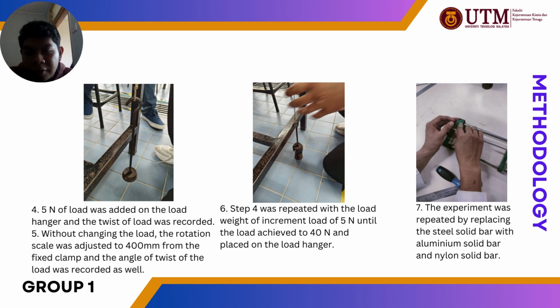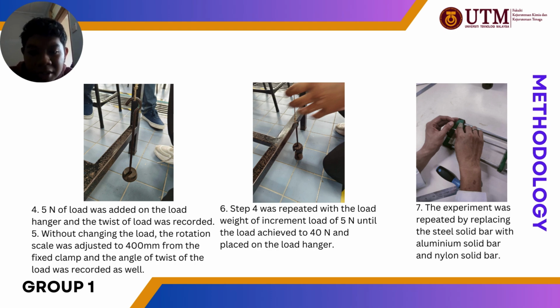Step 4. 5 Newton of load was added on the load hanger and the angle of twist was recorded. Step 5. Without changing the load, the rotation scale was adjusted to 400 millimeters from the fixed clamp and the angle of twist was recorded as well.